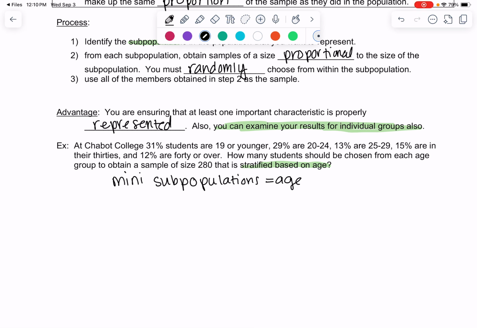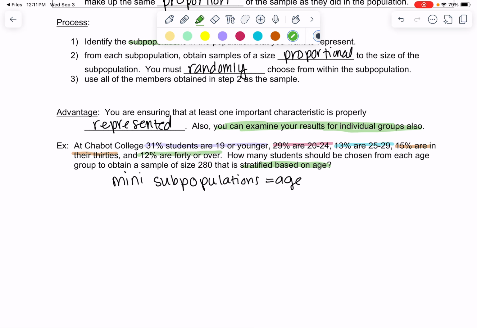So I don't want to randomly select students. I want to randomly select from 19 or younger. I want to randomly select from 20 to 24, randomly select from 25 to 29, randomly select from the 30s, randomly select from the 40s, and then combine them and make a sample.